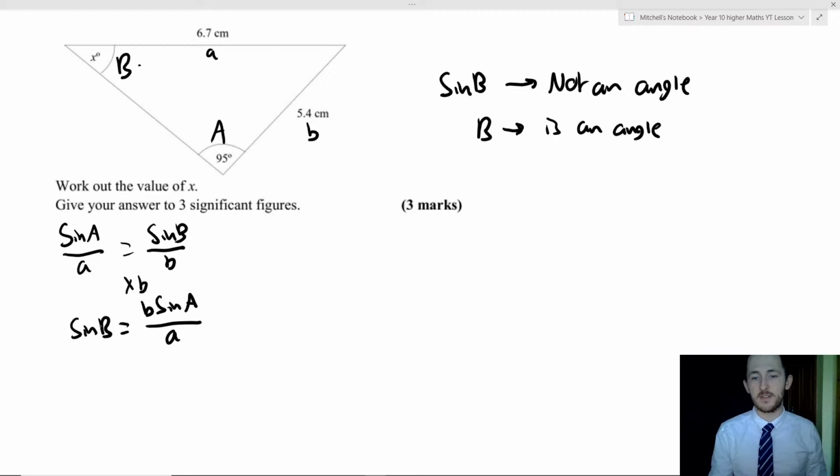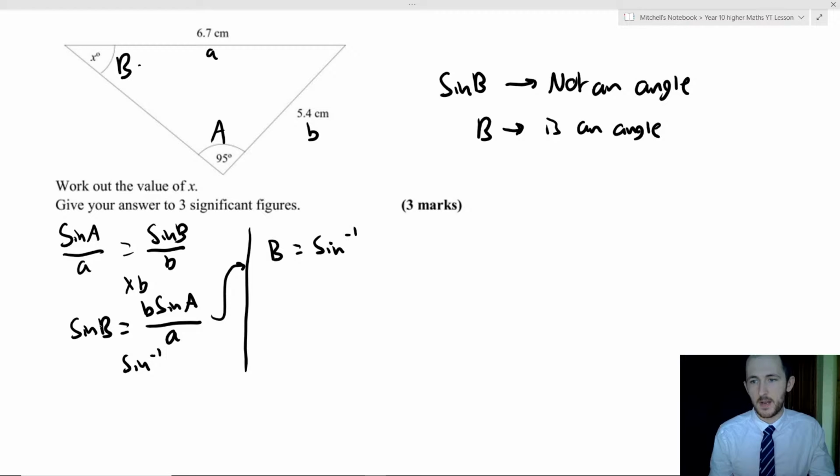So I need to get rid of sine. And the way you do that is you do the sine inverse, okay? I'll explain what this is in just 2 seconds. But let me write this out. When I inverse sine something that has sine, it just becomes B. Then I do sine to the minus 1, big bracket, b sine A over a.